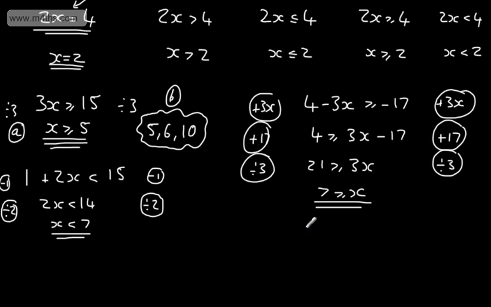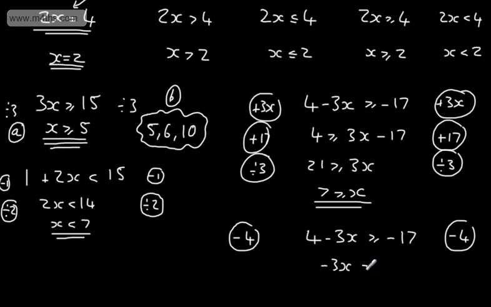What I'm going to do to begin with, just rewriting it, is 4 minus 3x is going to be equal to or greater than negative 17. This time I'm going to subtract 4 from both sides of the inequality. That's going to leave me that negative 3x is going to be equal to or greater than negative 21.